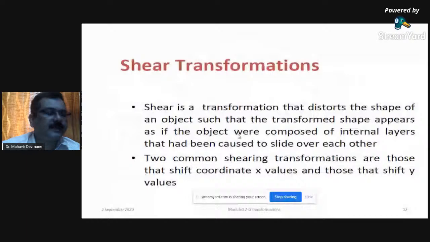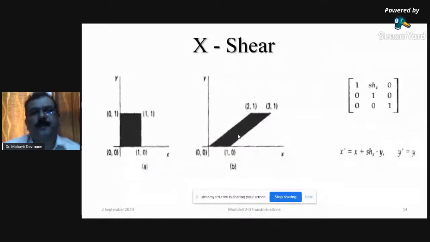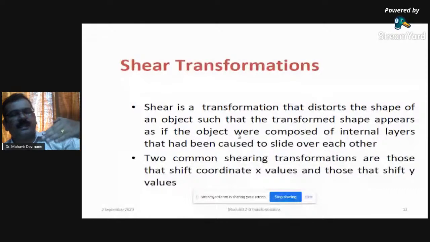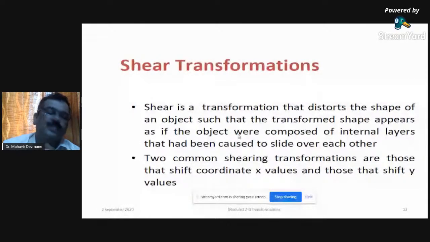Now we see the next point, that is shear transformation. In shear transformation, basically the shape of the object gets distorted. The shape of the object will also change. Okay. So in shearing transformation, there are two kinds: shear in the x direction and shear in the y direction.